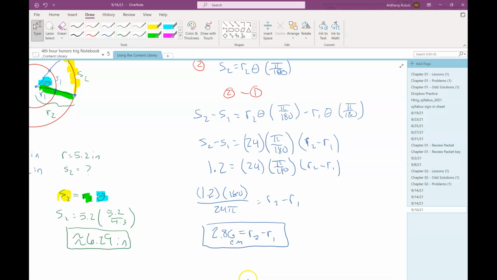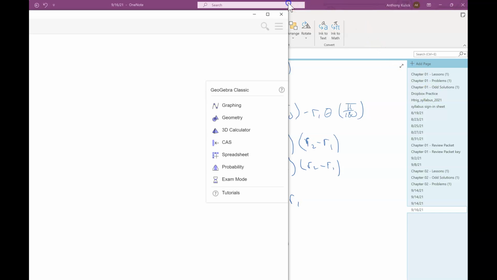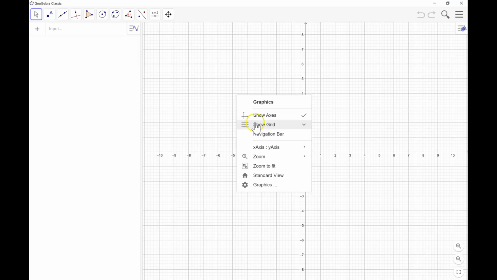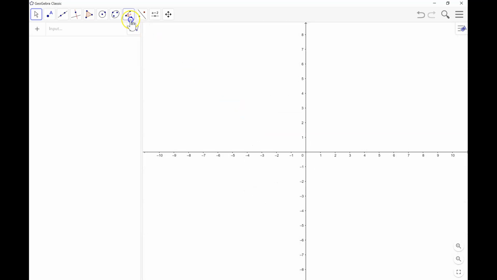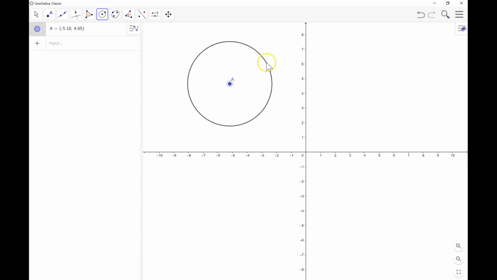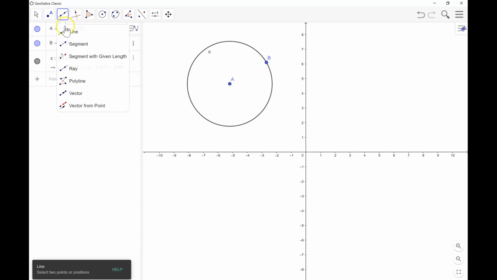Now I want to point out to you maybe the easier way to solve it algebraically, but the more complicated way geometrically. To do that, I'm going to illustrate why this thing is true. So let's say we have some circle.